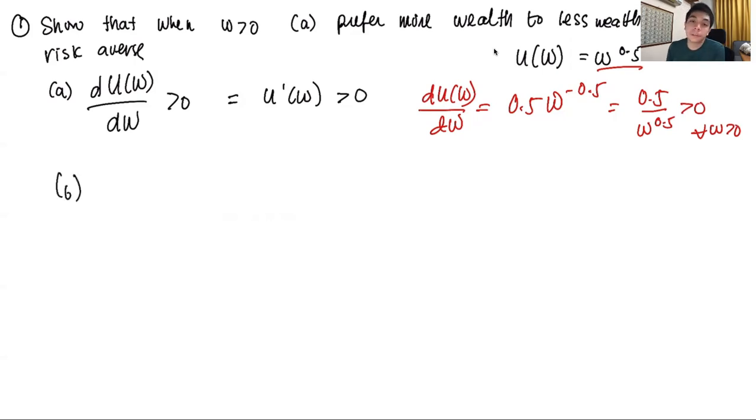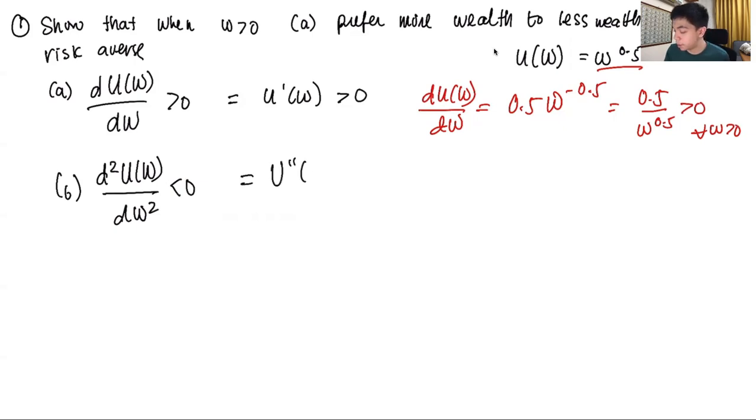To prove that the person is risk averse, we just need to solve for the second order derivative. That's d squared U(W) over dW squared, which should be less than 0. This is just U double prime W being less than 0. Okay, so let's solve for that. We just take the derivative of the first order derivative.